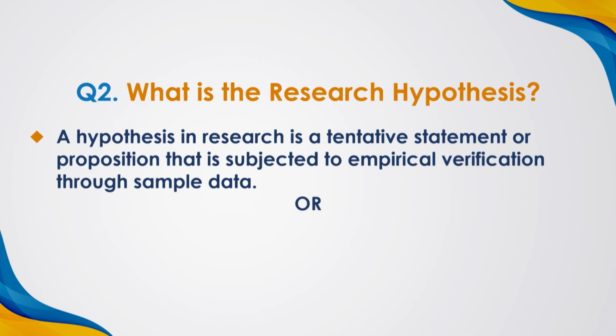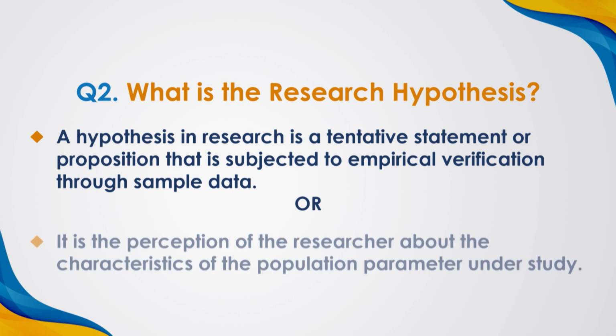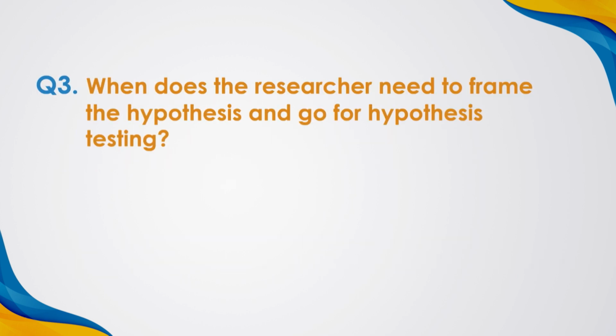Question 2. What is the research hypothesis? A hypothesis in research is a tentative statement or proposition that is subjected to empirical verification through sample data, or it is the perception of the researcher about the characteristics of the population parameter under study.